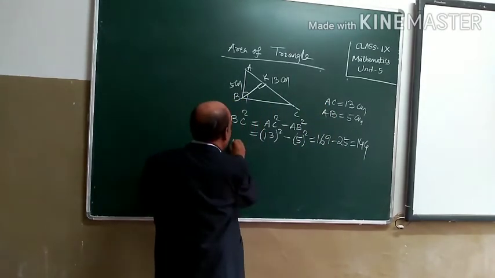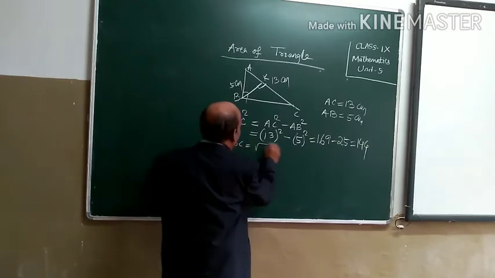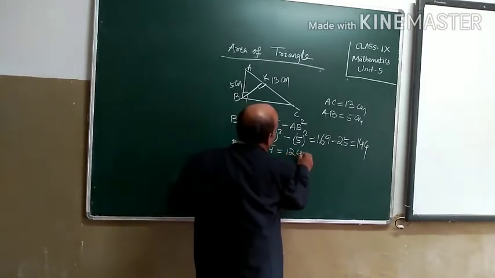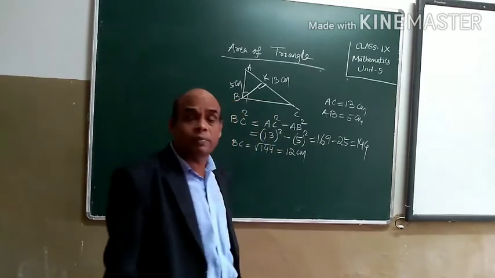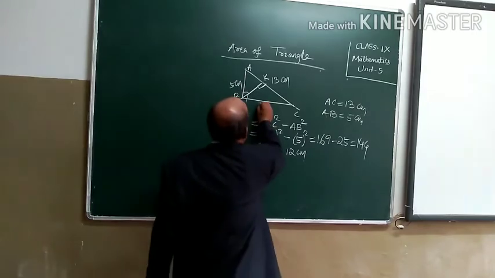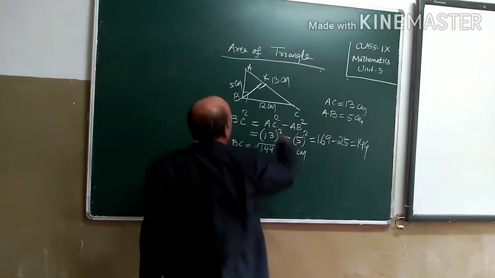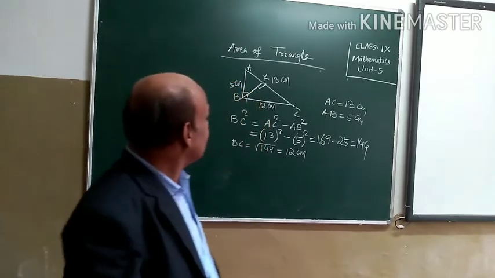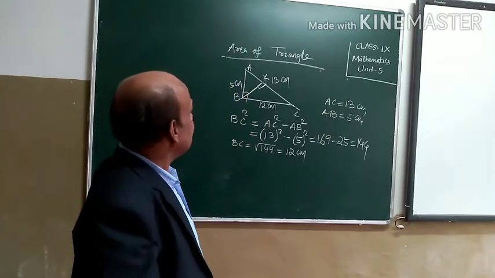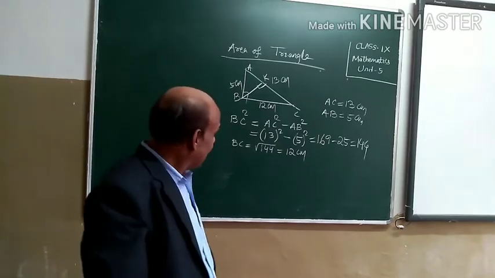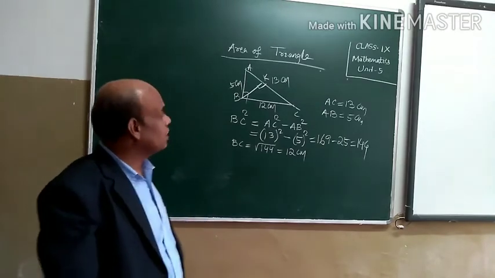So the value of BC is root of 144, that you got 12 centimeter. So three sides are already known to you. AC is 13 centimeter, AB is 5 centimeter, and BC is 12 centimeter.